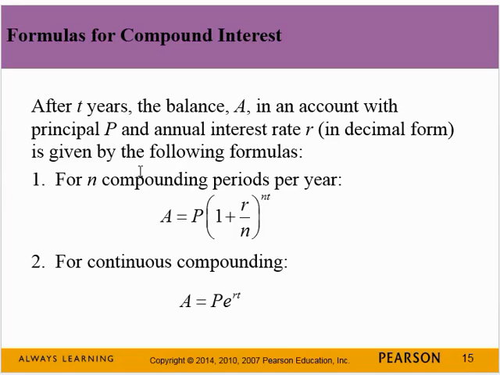For n compounding periods per year, your formula is A equals P times the quantity 1 plus r over n raised to the n times t. And for continuous compounding, it's A equals P times e to the rt. Make sure you write this down or take a snippet. You will want these formulas.